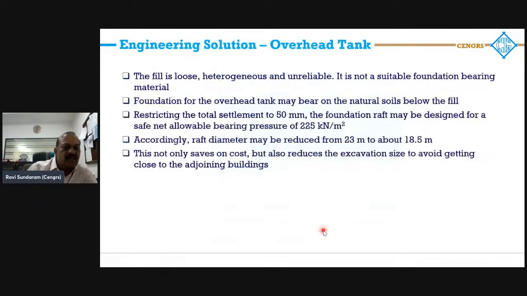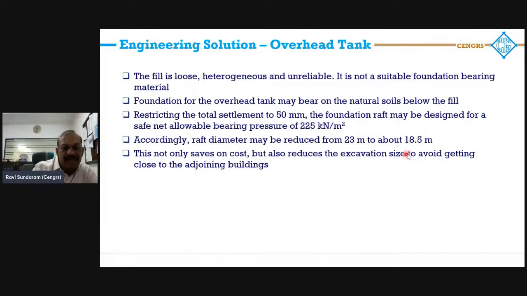So the engineering solution was that the foundation should not be placed on the loose, heterogeneous, unreliable fill. It's not a suitable foundation bearing material. So foundations can of course bear on the natural soils below the fill. Restricting the total settlement to 50 mm, the raft can be designed for a net allowable bearing pressure of 225 kilonewton per meter square. Earlier they had designed it for 150.